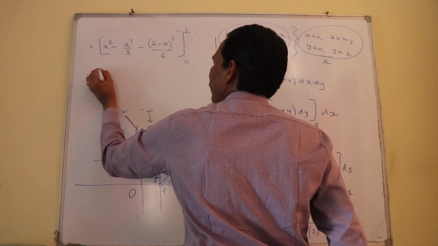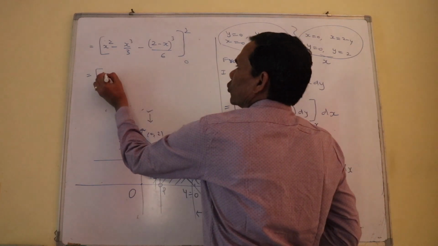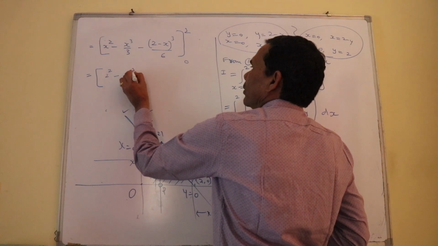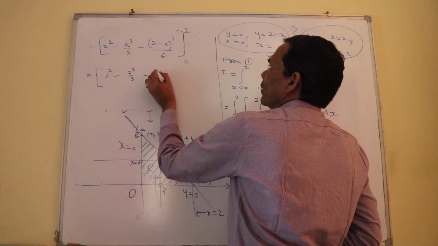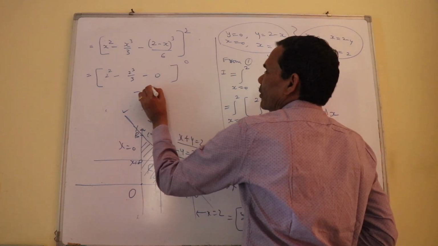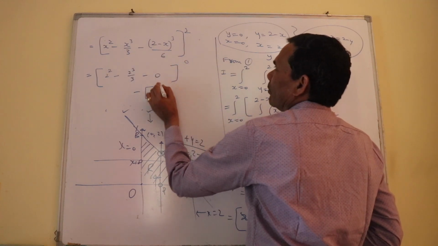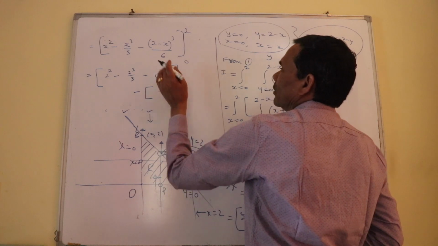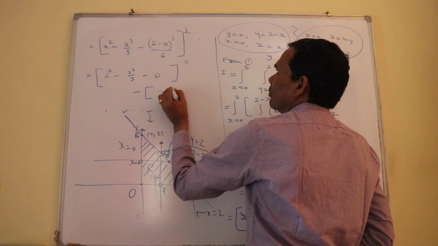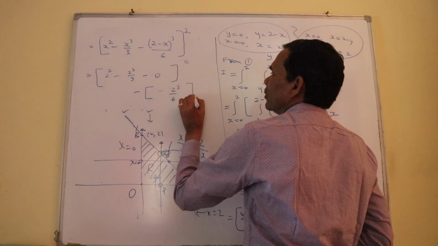So this is equal to, if you simplify this, upper limit minus lower limit, so it is 2 square minus 2 cube divided by 3 minus here 2 minus 2 is 0, and for the lower limit it is 0, 0 minus this thing, 2 minus 0 means minus 2 cube divided by 6. So something like this.